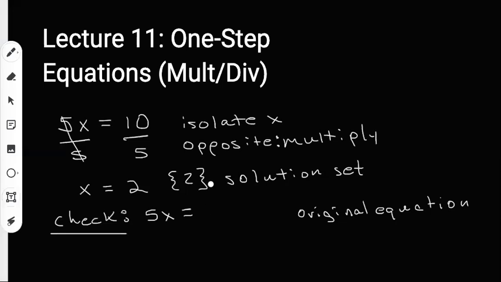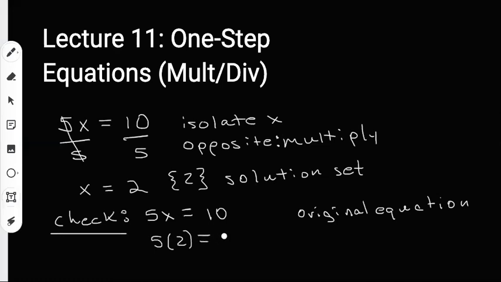what I'm going to do with it is substitute in our solution. We know that our solution was x equals 2. So all I'm going to do is plug that in for x and see what happens. So I get 5, replace the x with a 2, and everything else stays the same.